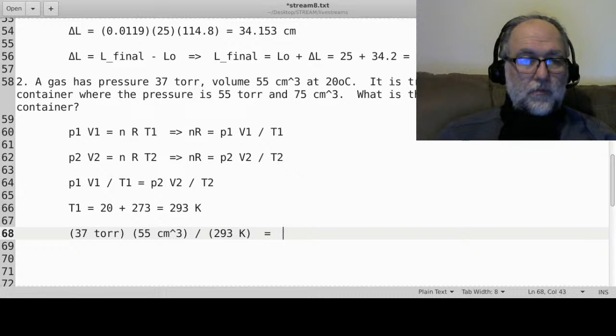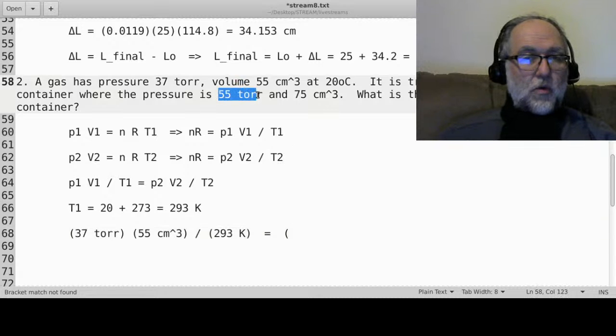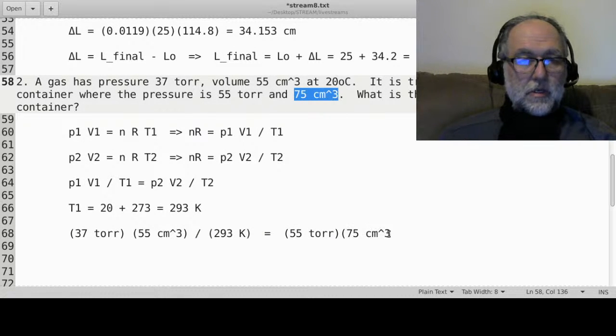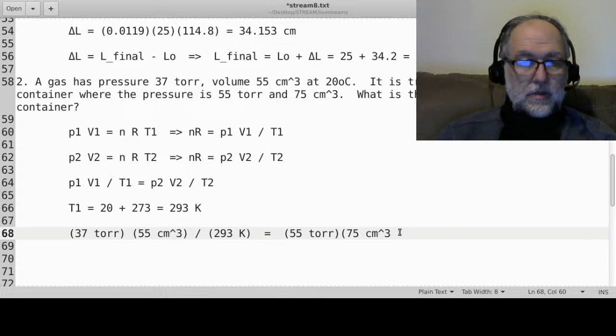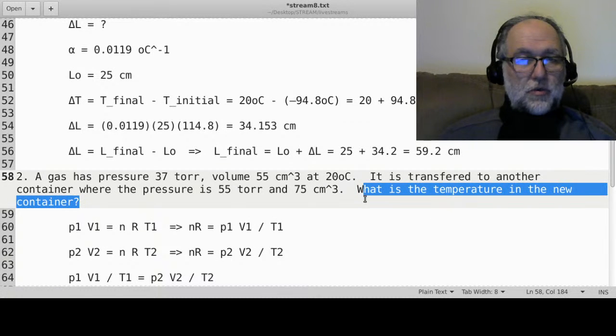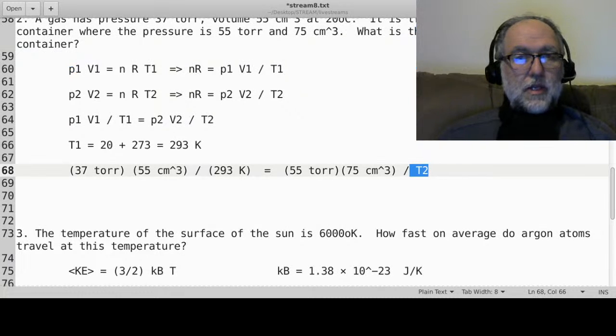That's got to equal, on the other side, 55 torr multiplied by 75 cubic centimeters, divided by T2. We don't know T2, but that's what I'm asking for. What is the temperature in the new container? That's what T2 is.